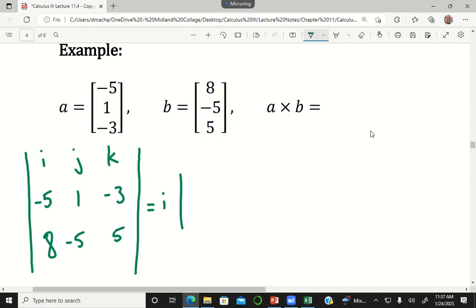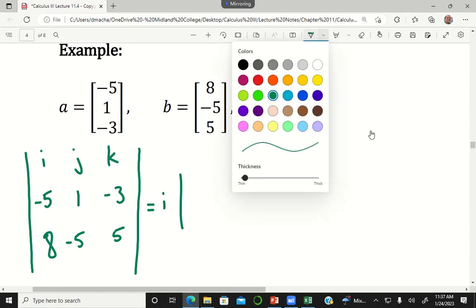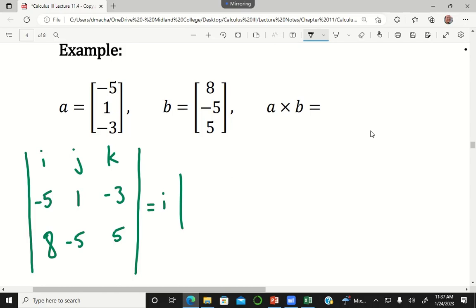If you want to swap the rows so that the middle row is 8, negative 5, 5, and the last row is negative 5, 1, negative 3, you'll get the same thing, but you'll get the negative of it. In other words, A cross B is actually negative B cross A. So if you completely interchange the second row and the third row of the matrix, you'll get the right answer, but all of the entries will be negatives.